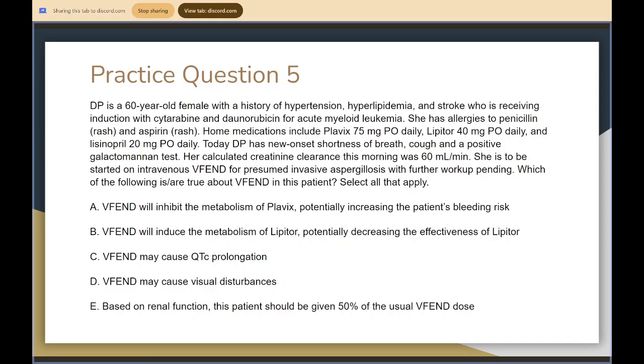Choice B, VFend will induce the metabolism of Lipitor, potentially decreasing the effectiveness of Lipitor. Choice C, VFend may cause QTc prolongation. Choice D, VFend may cause visual disturbances. In choice E, based on renal function, the patient should be given 50% of the dose. And this is the last practice question.